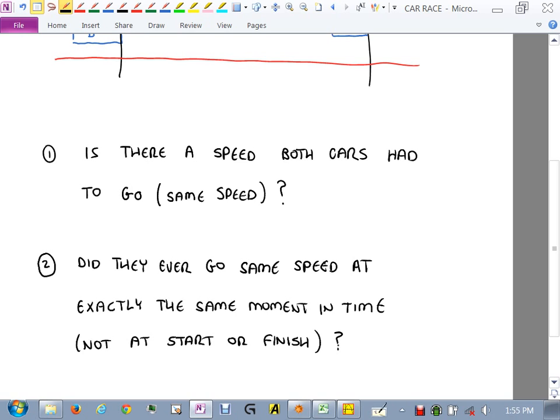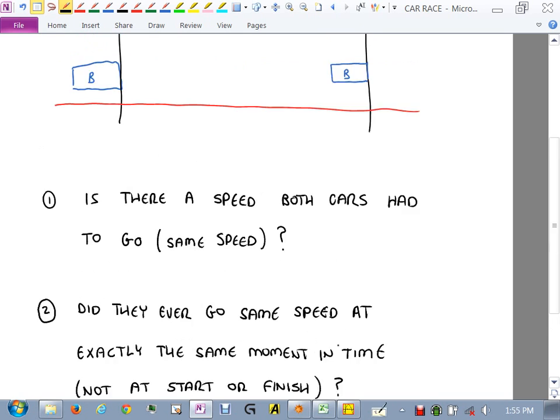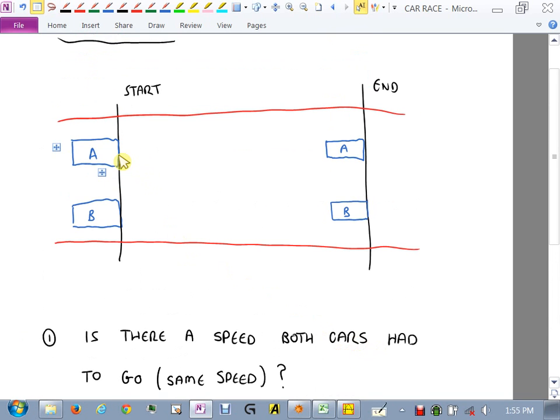Okay, so let's get our heads around these. The first one's easy, all right? Because it's very simple to explain what's happening. Okay, was there a speed that both cars went? Well, let's talk about their average speed. Do you agree that the distance both cars went are the same? Do you agree that the time it took them is exactly the same?